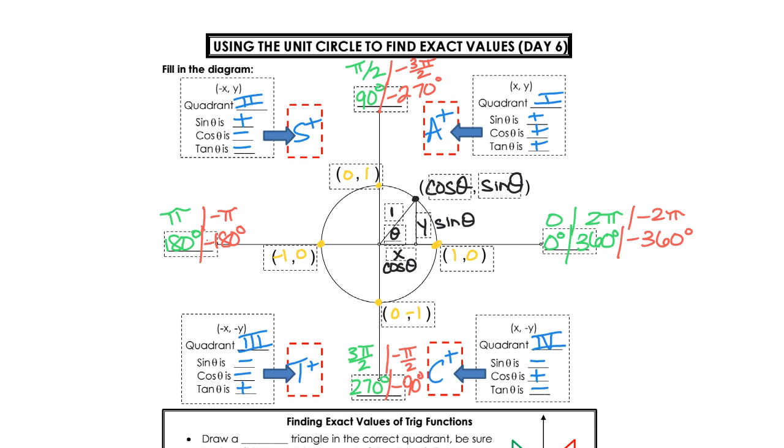We can also call this our opposite side, this is our adjacent side, and this is our hypotenuse side. We're going to use more of this triangle in today's notes, and we're going to move it around into the different quadrants to find the exact values.